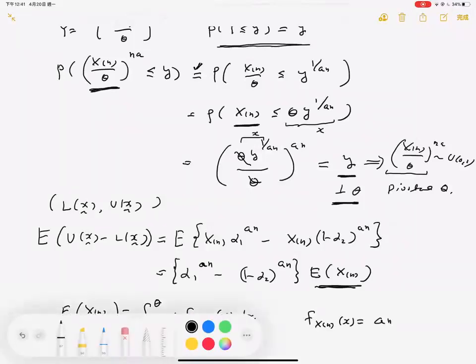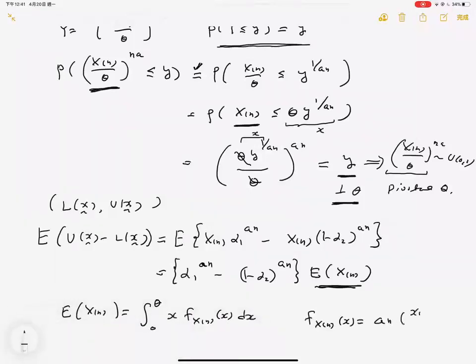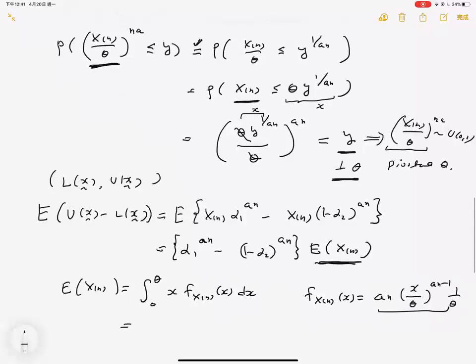You put n down, you put your x over theta, then to the power n minus 1, then divided by 1 over theta, as a chain rule. So use that to derive your expected value of x_n. I will help you work on it, and then eventually the expected length.